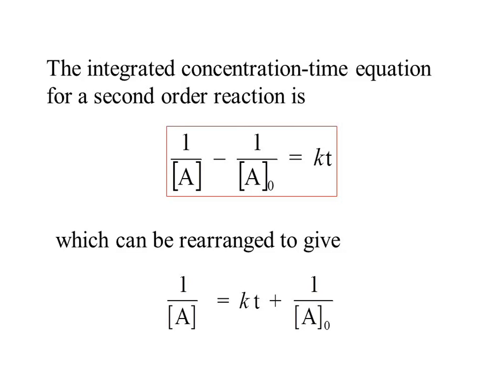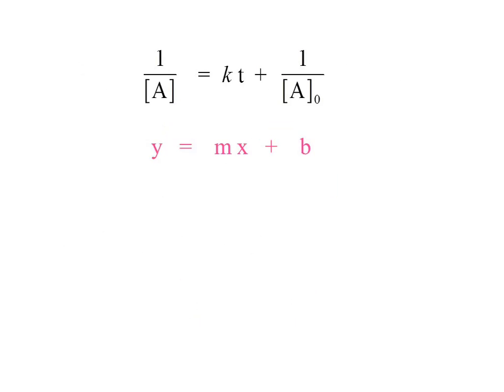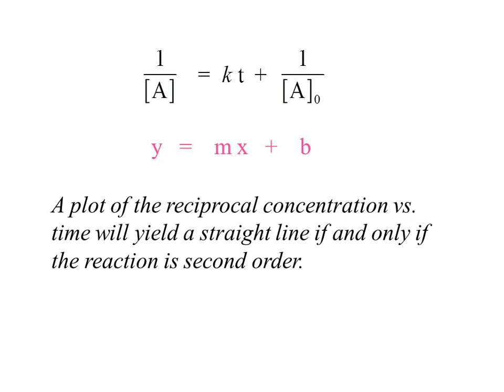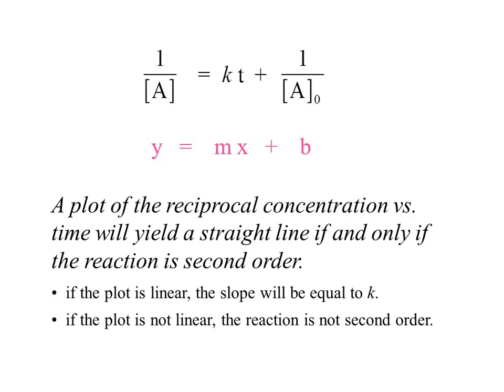Something that we can plot is down there at the bottom. In this form, we can plot the inverse of the molar concentration of A, which is equal to kt plus 1 over the initial concentration of A. So again, we have time along the x-axis, and along the y-axis we have 1 over the molar concentration of A. Notice that of the three, this is the only one that will give you a positive slope.